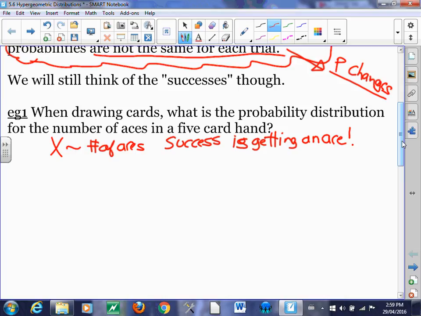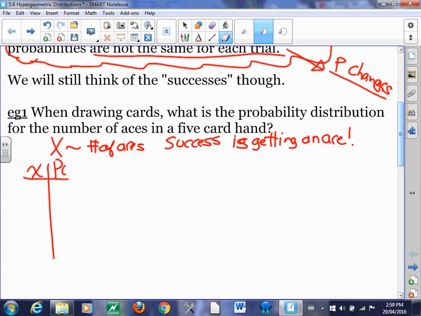Okay. All right. So what do we know? In a 5-card hand, you could get 0 aces, you can get 1, you can get 2, you can get 3, or you can get 4 aces. You're pretty lucky if you get 4 aces.